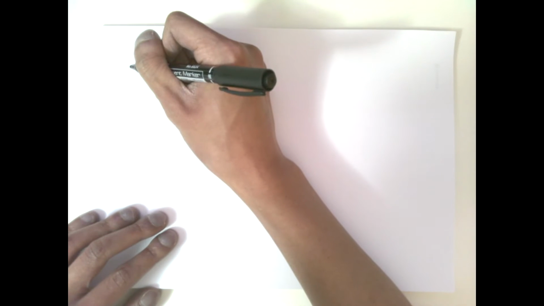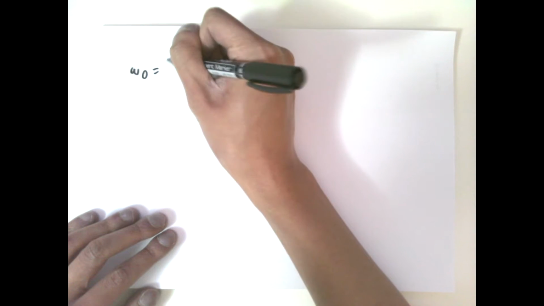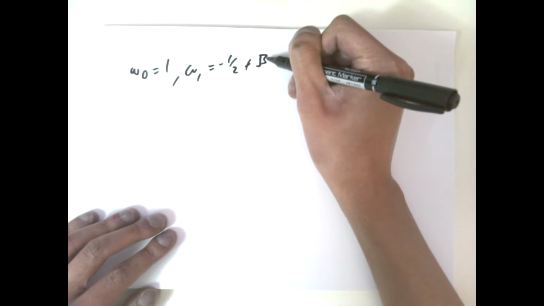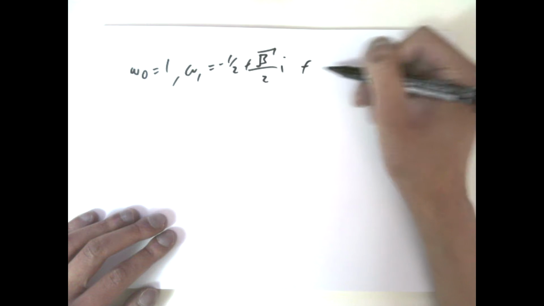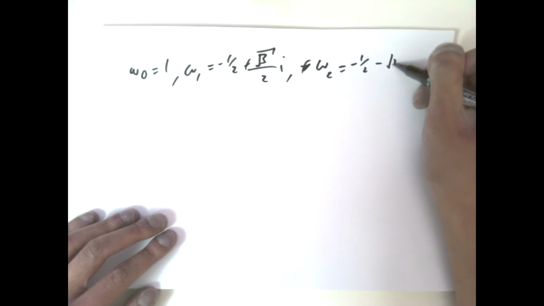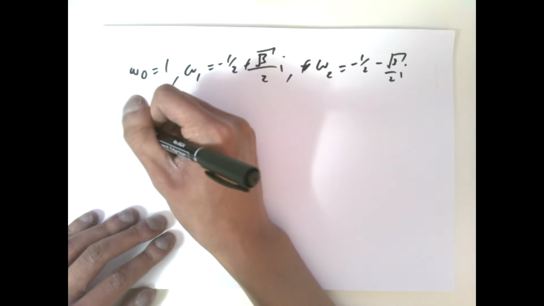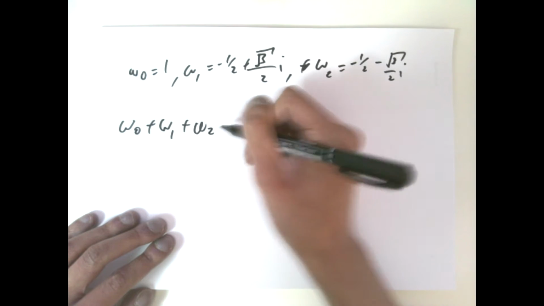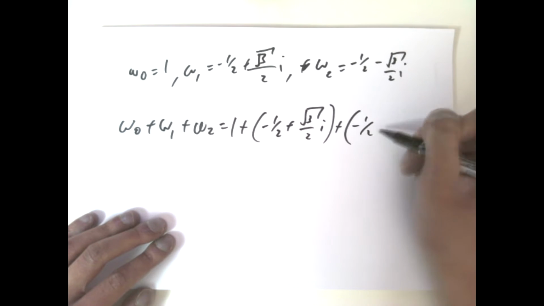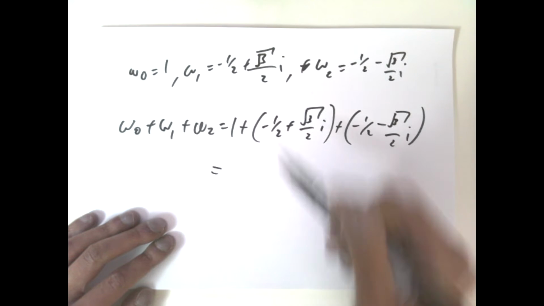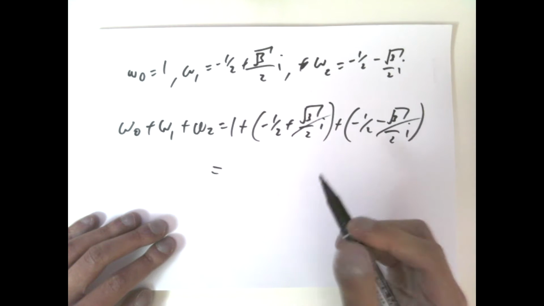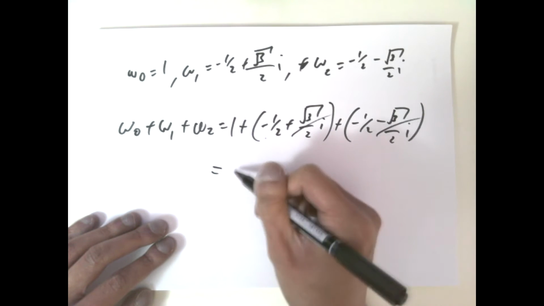If we had the 3 roots of omega 0 to 1, omega 1 equal to, if we were to sum the roots, we see that the imaginary parts knock off, and we see that 1 minus half is 0.